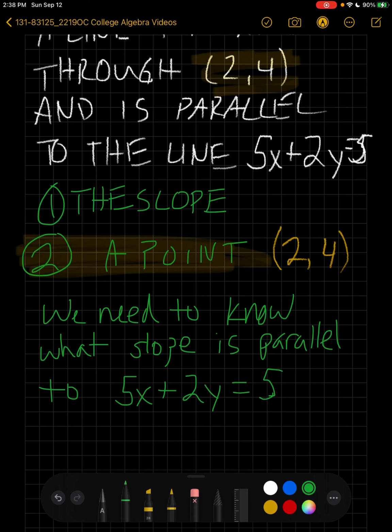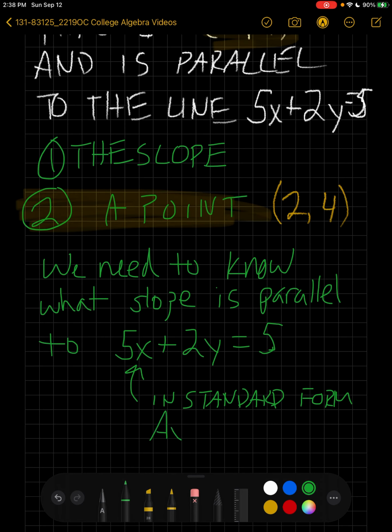That's really what we need to know from this problem. You may not recognize this as an equation of a line. This is in standard form, which you might recognize as ax plus by is equal to c.